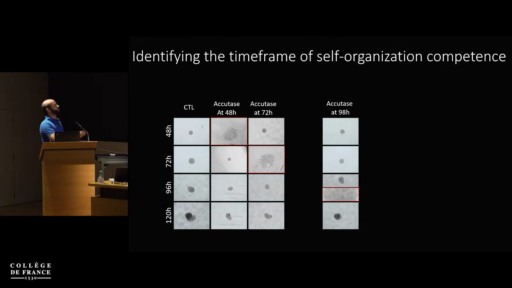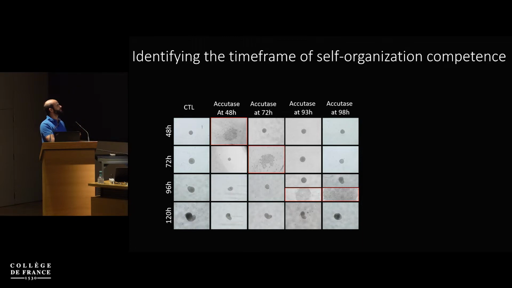But when you do it a bit later, at this stage when elongation has started, you can see that they're not able to reform these elongated structures. And if you go just slightly before, when it's still spherical and not yet asymmetrical on a morphological level, now you can see they're completely fine.